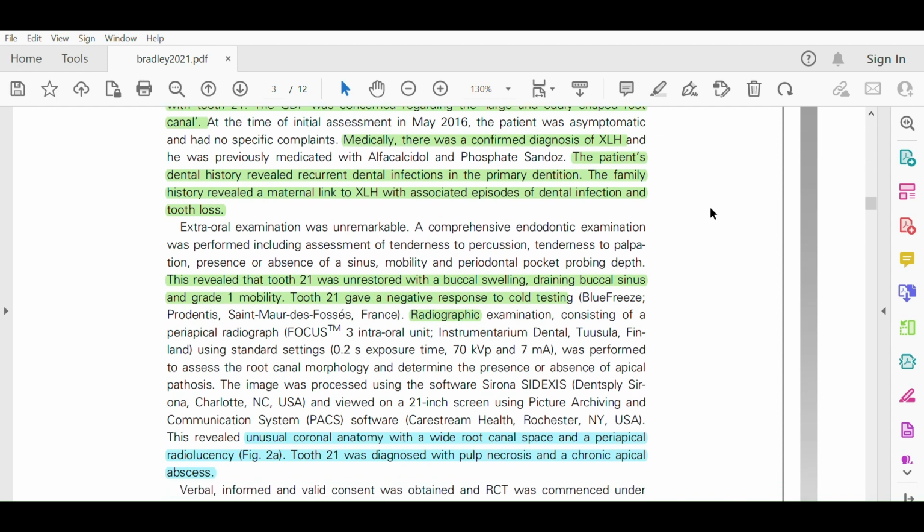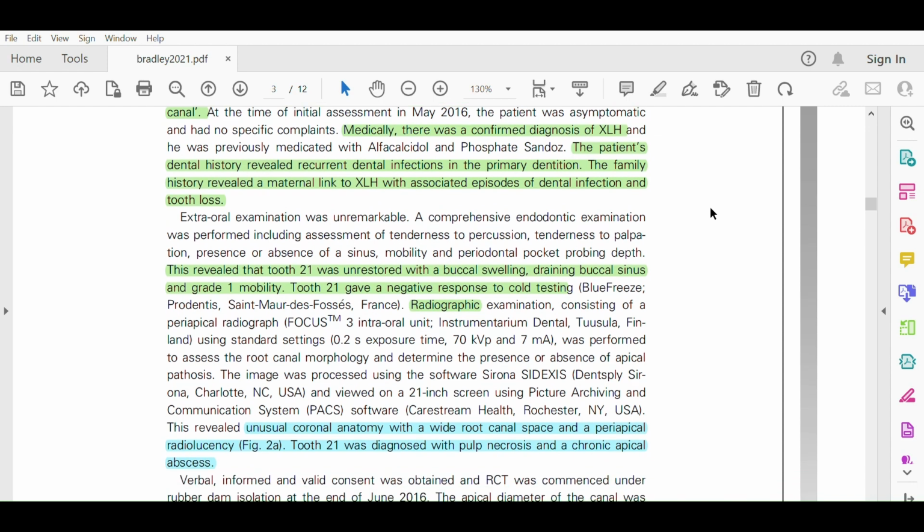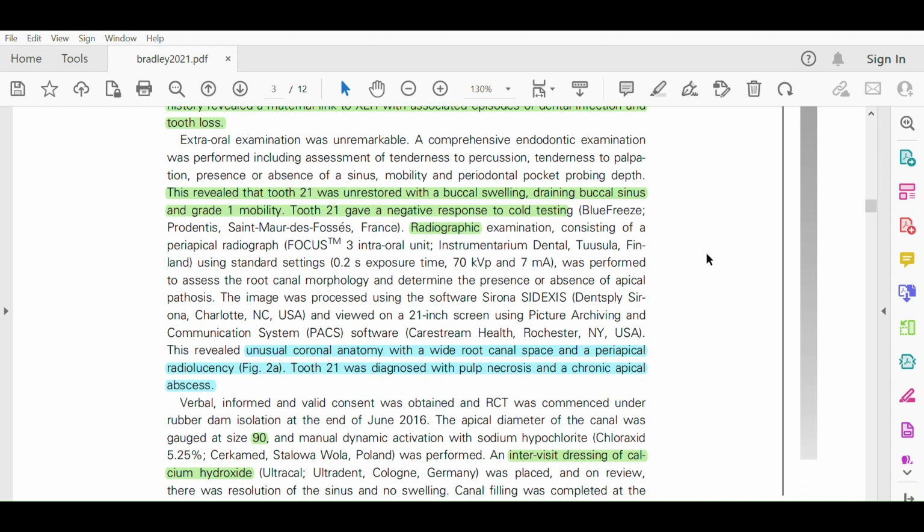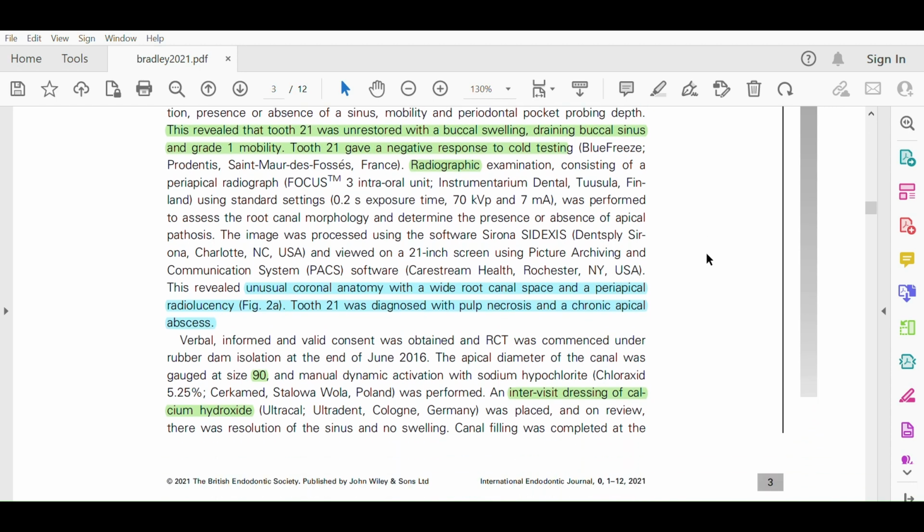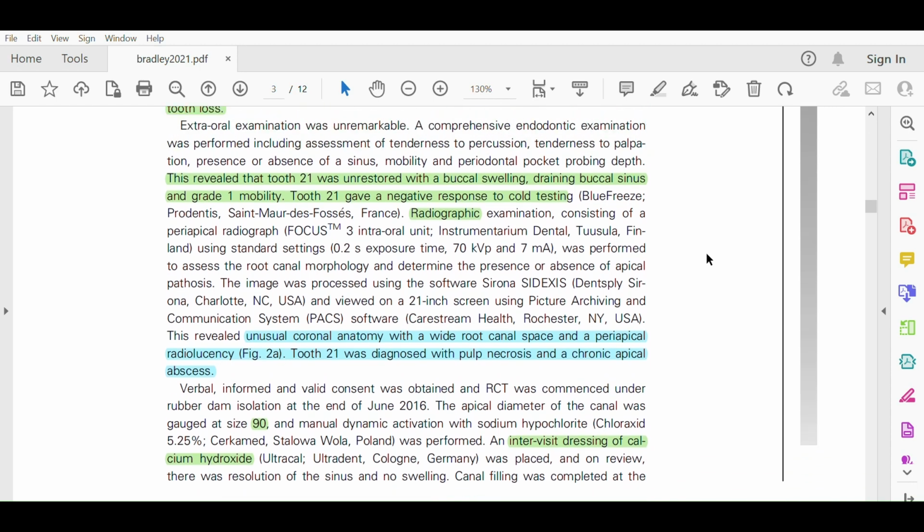The family history revealed a maternal link to XLH, and the family had episodes of dental infection and tooth loss.